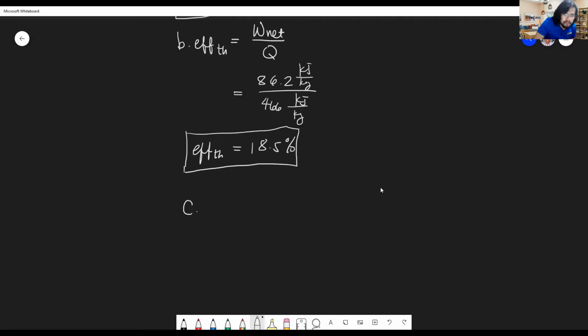So we now solve for the available power. P is simply 86.2 kilojoules for every kilogram of your natural gas.